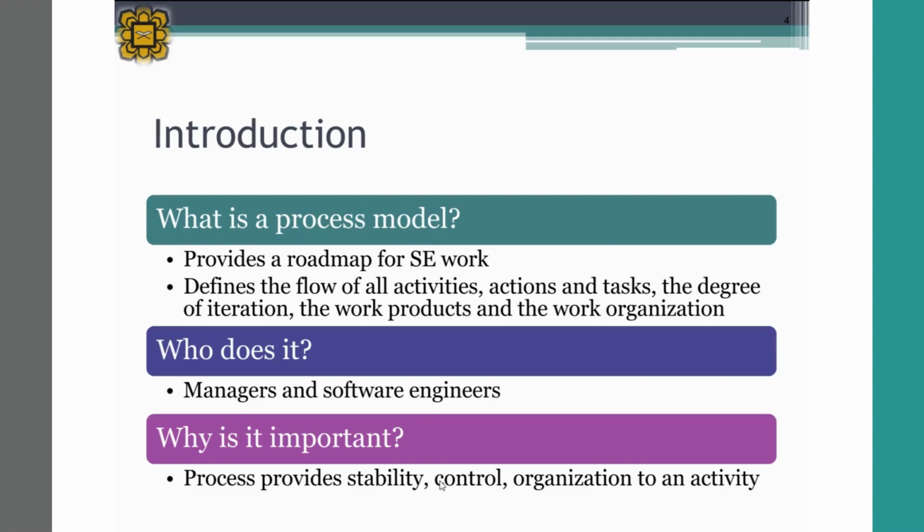So who actually chooses a process model? Normally managers and software engineers will be discussing which process model they are going to adopt in a specific project. Why is it important to have a process model? Because having a process model shows that you have stability, you are in control of your development tasks, and also you know how to organize a software development activity.